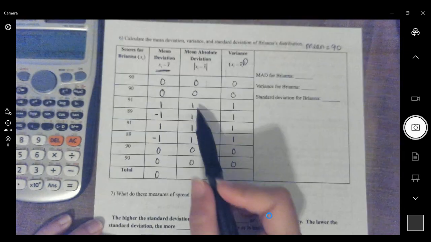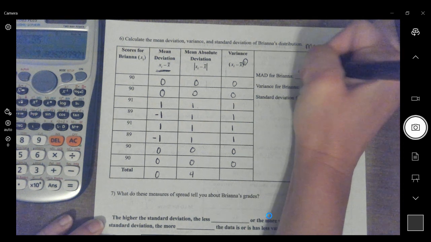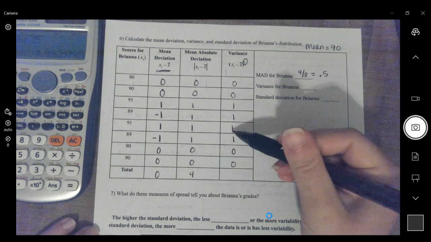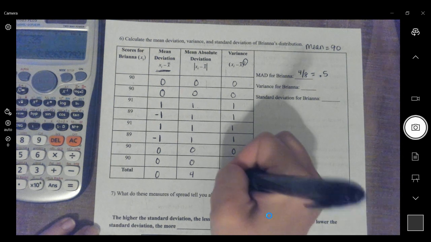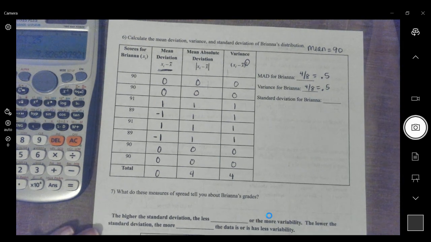So we add these together, and that gives me 4. So 4 divided by 8 to average those, and that gives me 0.5. And then for our variance, add these together. That also gives me 4. So 4 divided by 8, because we have 8 numbers. Okay, and that also is 0.5.